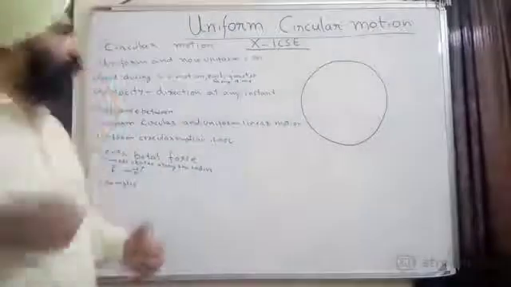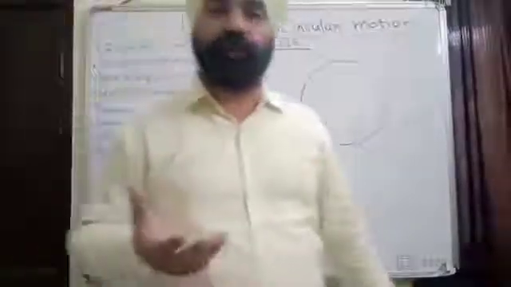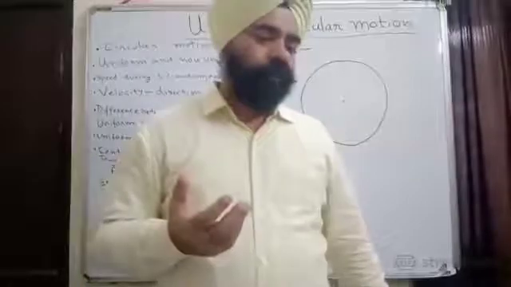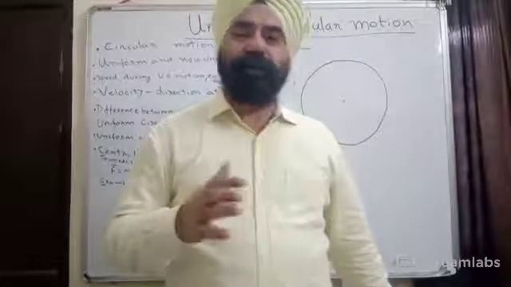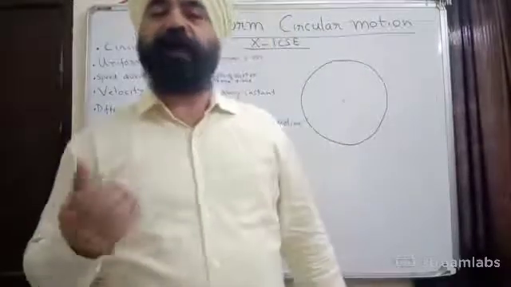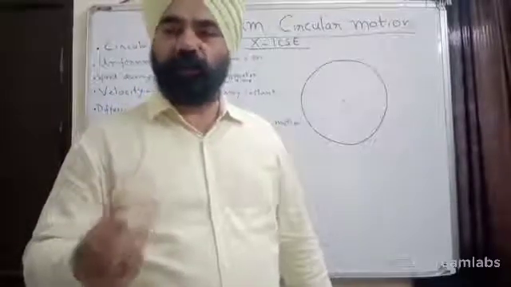Okay, so we start now. What is circular motion? What is motion first of all? Anybody can tell me? It takes some time to type. Okay, I'll tell you. If a body is changing position with the passage of time, then we say that the body is in motion.